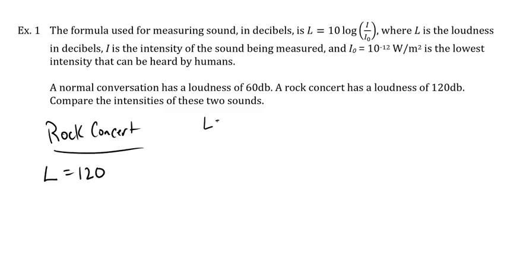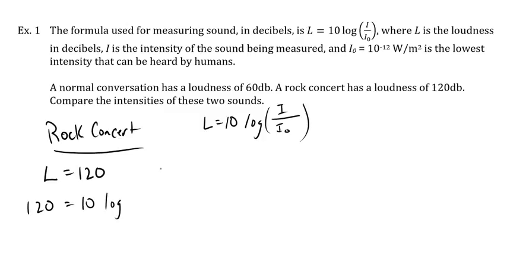And then our equation is given up there: L equals 10 log of capital I over I0, and I0 is a constant, the lowest intensity that can be heard by humans. So 120 goes in for L in L equals 10 log of I over I0.